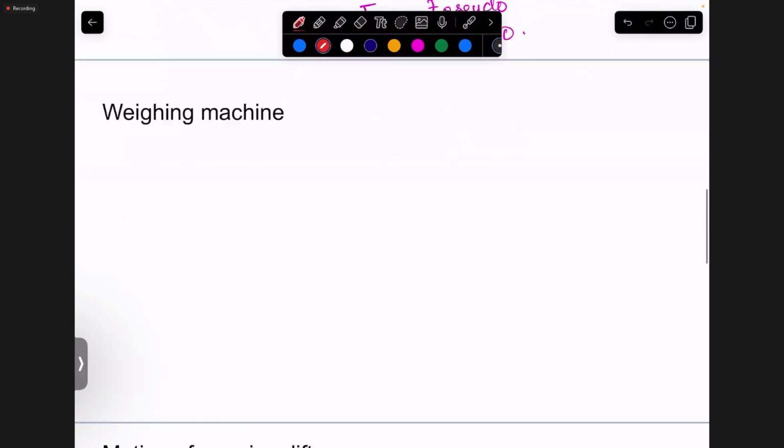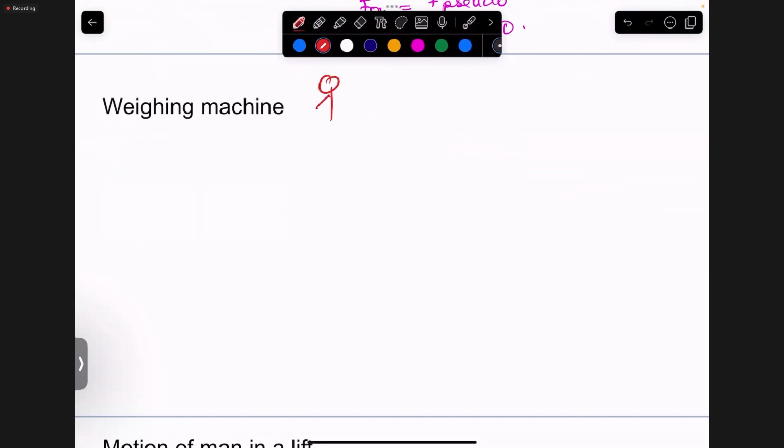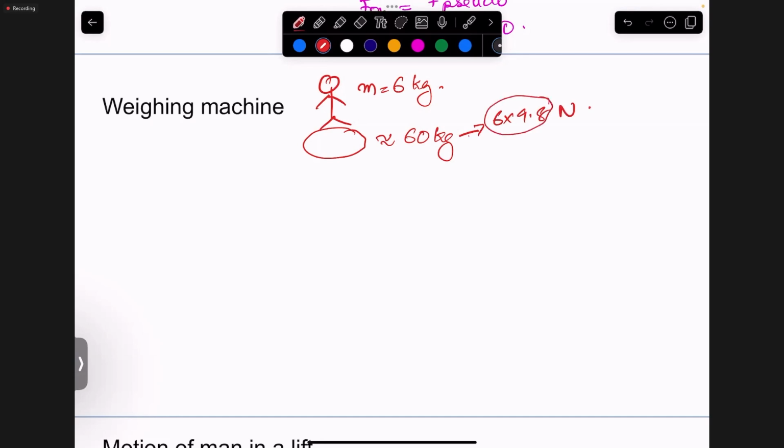For example, for a person on Earth, the mass equals 6 kg. The weighing machine will show approximately 60 kg, or the actual value is 6 times 9.8 Newton. Okay, this much Newton. 6 kg times 9.8 meter per second square. That is the value of the person on this weighing machine.